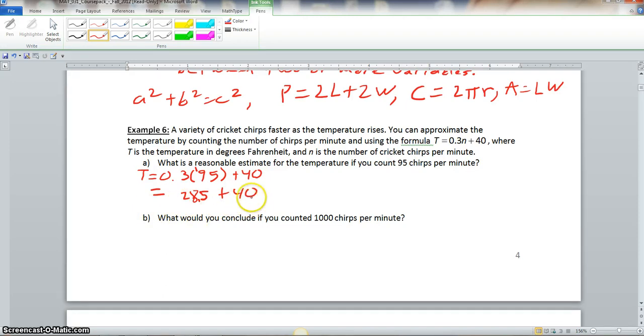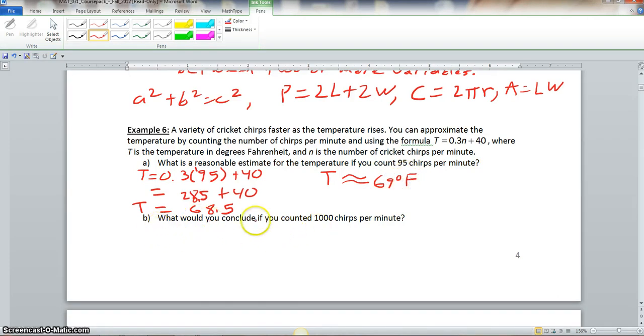So 28.5 plus 40 will give us 68.5. Now it says, what is a reasonable estimate for the temperature if you count 95 chirps per minute? So it'd be approximately, we could round to the nearest degree, approximately 69 degrees Fahrenheit.